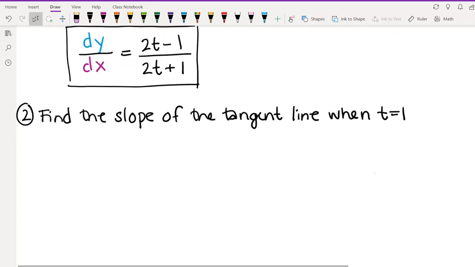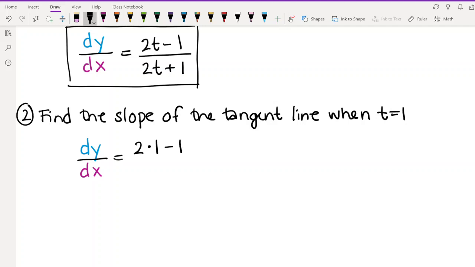We would just literally plug in 1 for t into our expression for dy dx. So dy dx in this case is equal to 2 times 1 minus 1 over 2 times 1 plus 1. In the numerator, we would get 1. In the denominator, we would get 3. And so that's our answer.